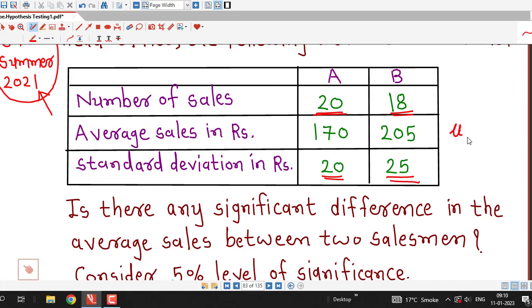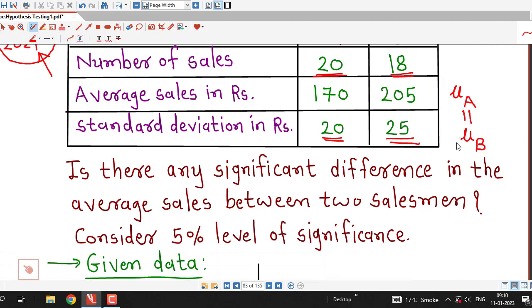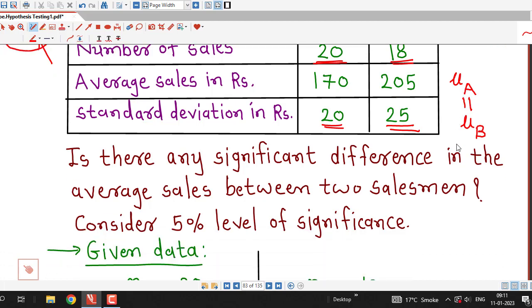So suppose average sales of salesman A are denoted by mu suffix A, and average sales for salesman B are denoted by mu suffix B. Then we have to check whether there is any difference or they are equal at 5% level of significance.